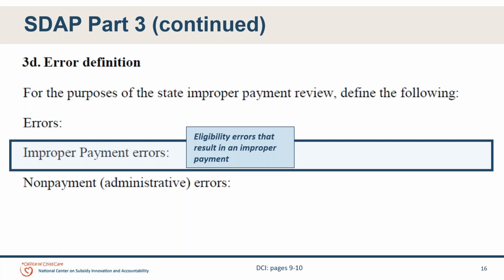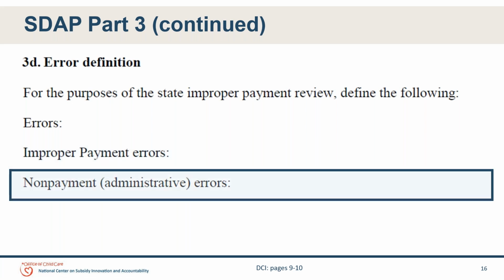In other words, eligibility errors that result in an improper payment. And finally, give a definition for non-payment or administrative errors. And these are the eligibility errors that do not result in an improper payment. So you'll be giving us 3 different definitions in your SDAP.